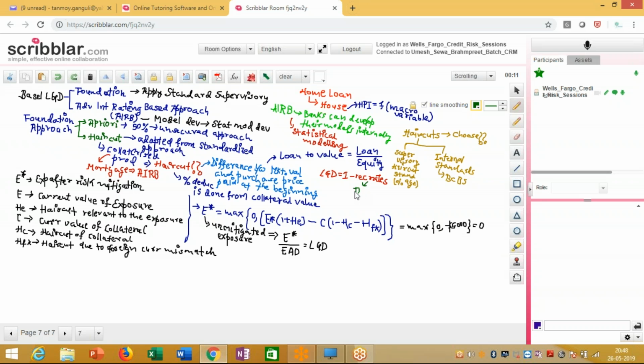The recovery rate is nothing but the amount recovered from the EAD, divided by the total exposure at default.